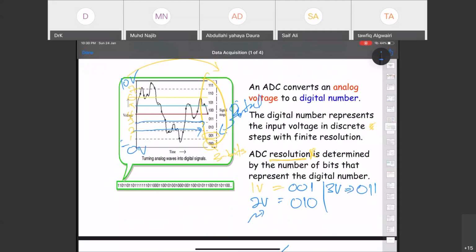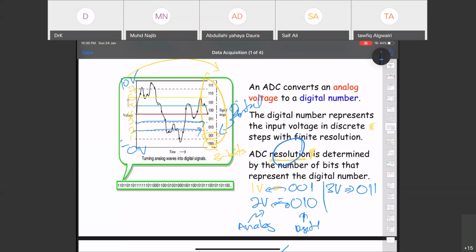This is analog, this is digital. So how do I get from here to here? Basically, resolution. We will go further to understand this, but this is what happens when you convert analog voltage to digital representation.